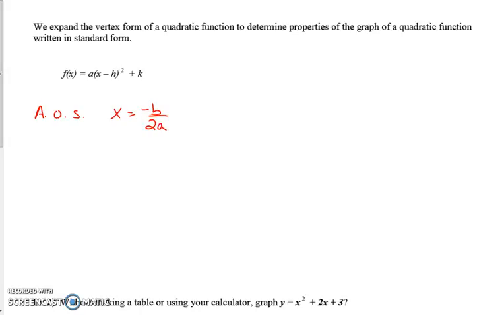But in this case, when we're in vertex form, we can't get that axis of symmetry based on the information that we have here. Remember, our vertex, when we're in vertex form, is the ordered pair h, comma, k. And it's the opposite sign for the h value and the same sign for the k value. So what we can do is find the vertex first when we're given vertex form, and then the axis of symmetry would just be the h value.